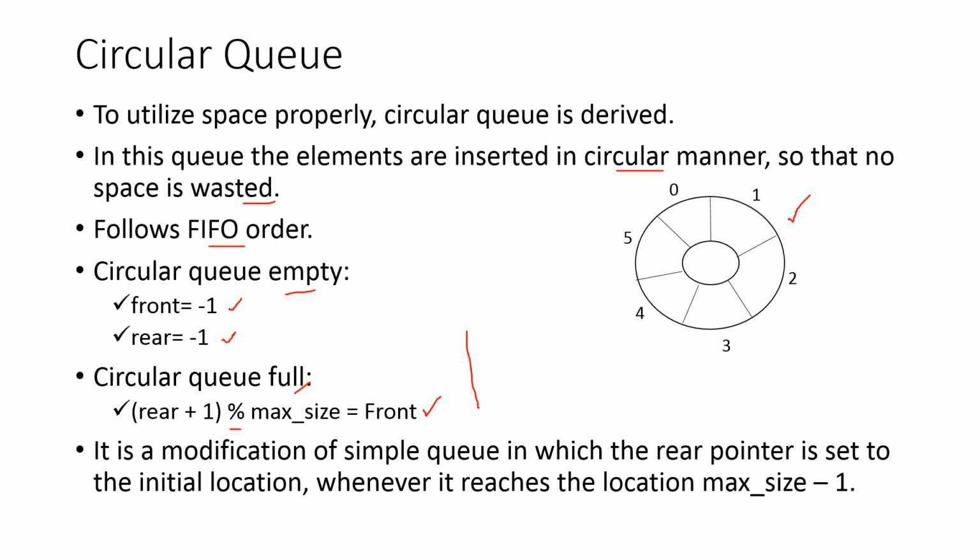Circular queue is a modification of simple queue in which the rear pointer is set to the initial location whenever it reaches the location max size -1. This is the starting index and this is the end index. Suppose values are inside this.